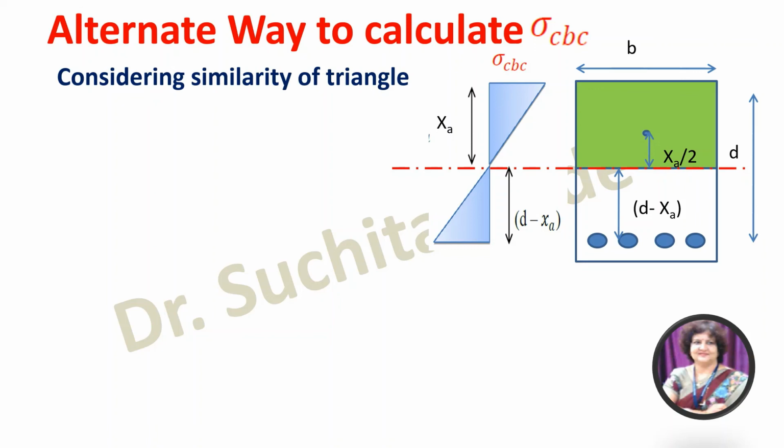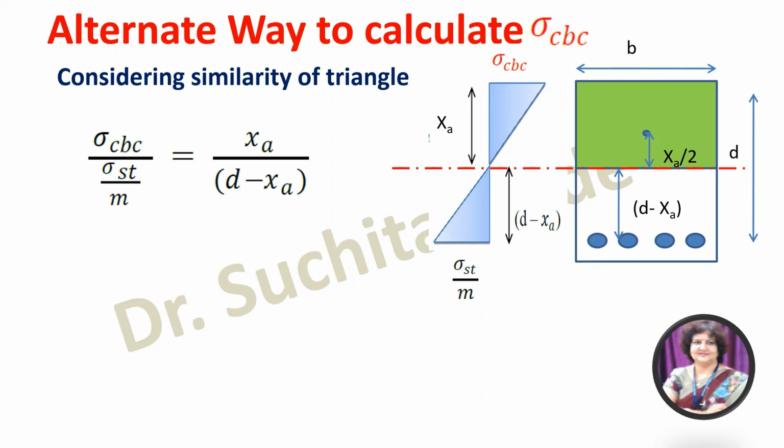So here XA, this is sigma CBC. At bottom we are considering equivalent stress, which is denoted by sigma ST by M. If you apply similarity of triangle and write down the equation, you will get sigma CBC upon sigma ST by M is equal to XA divided by D minus XA.